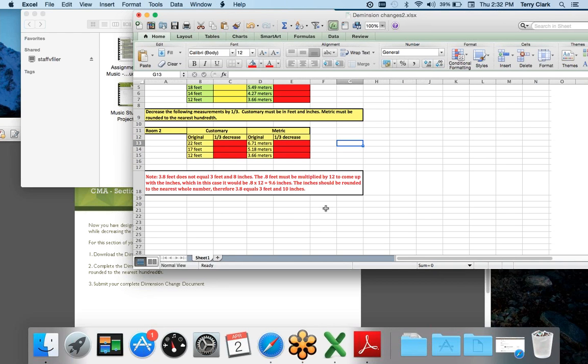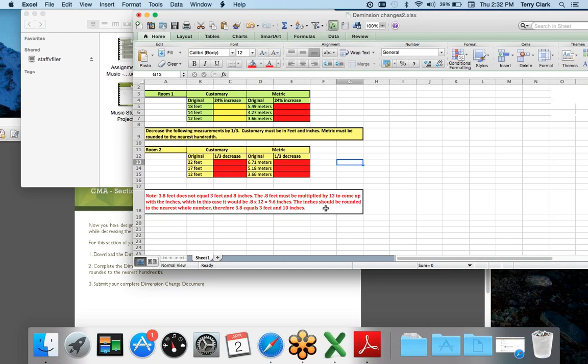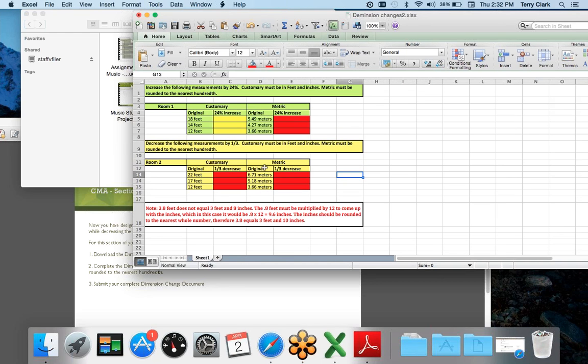They just tell us at the bottom that 0.8 times 12 does not equal 9.6 inches. Well, it does equal that. Yep, you do figure metric and customary because it's in the chart.